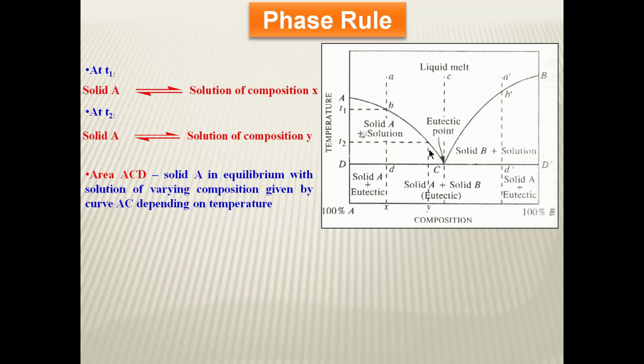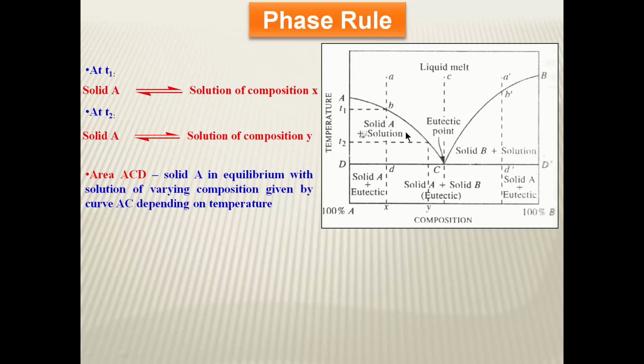In this area ACD, hence, solid A is in equilibrium with solution of varying composition. Solution of A and B, I mention again. Solid A, because at this stage only A has started separating out, our B component has not yet started separating out.